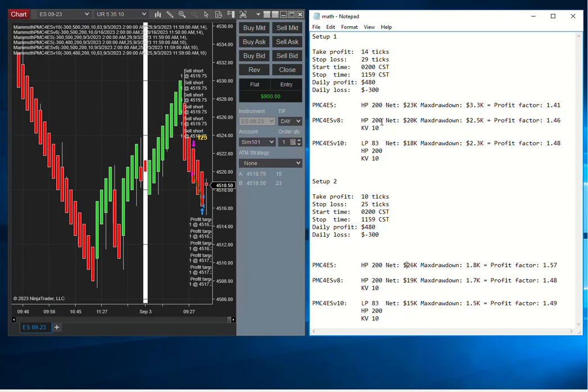One, you can do setup 2 and PMC 4ES, and setup 1 version 8, and setup 2 version 10. You can just combine those. Then you will have three strategies running on the same chart and trading three contracts at the same time.